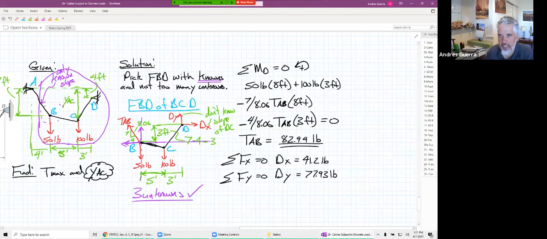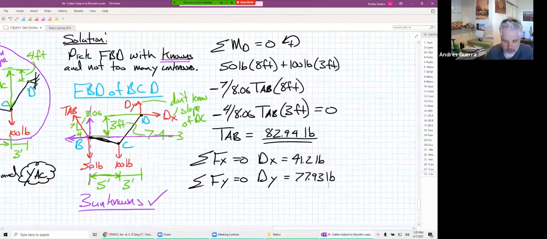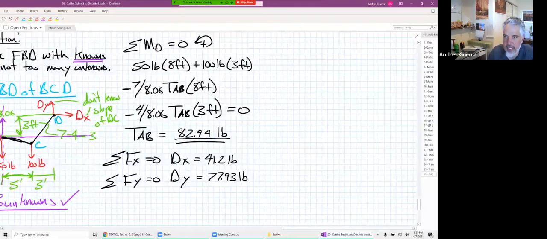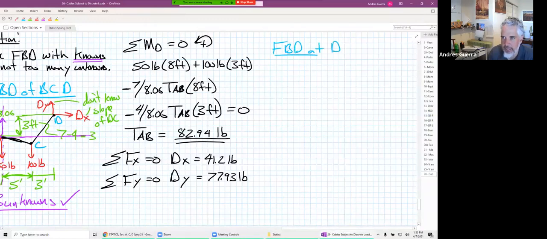Let's look at another FBD to look closer at C to D. This would be an FBD of a joint. How about the FBD at D? Because now we know dx and dy. If we did an FBD at D, we've got this known dx here, which is 77 point, oh no, that's dy. So dx is 41.2. We know that dy is equal to 77.93.